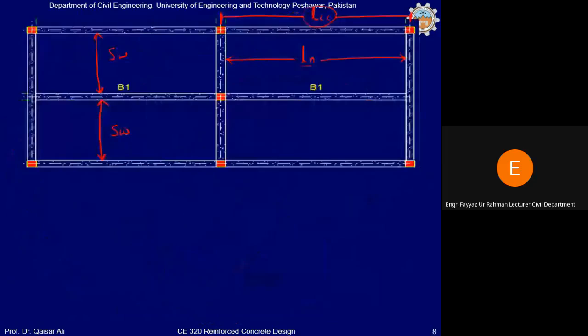Code says that the B effective for this B1, it will be least of these three equations.